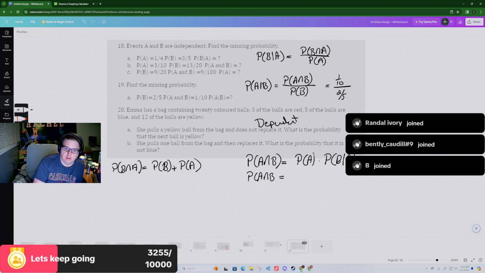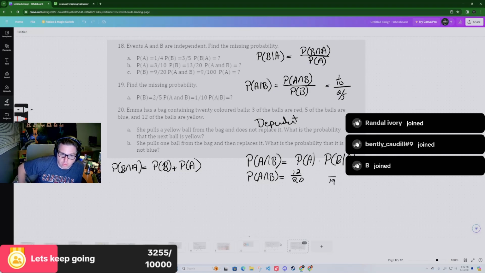And B equals the probability of A. She pulls a yellow ball. So how many yellow balls are there? There are 12. Out of how many total? 3 of the balls are red, 5 are blue, 12 yellow, so 8, so 20. Then we need the probability of B given A happens. Well, once I pull a ball out, am I left with 20 balls? No, I only have 19 now.